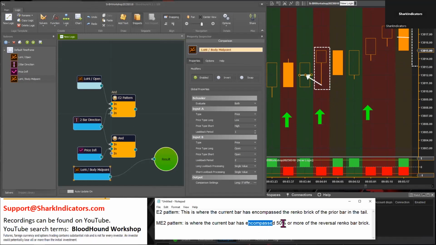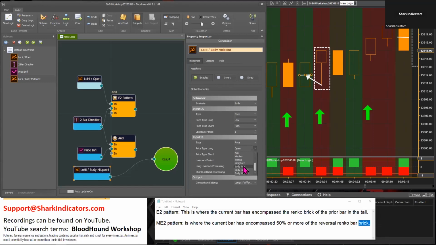So 50% of the Renko bar brick. Well, that's just a mathematical way of saying the midpoint of the body. So instead of input B being the open, we're going to switch this over.